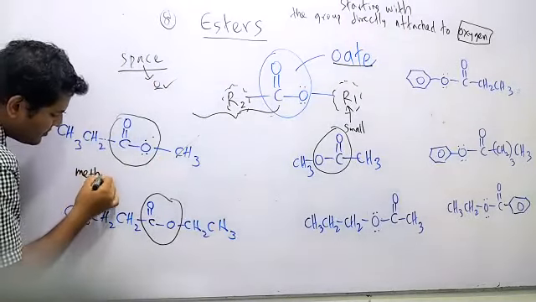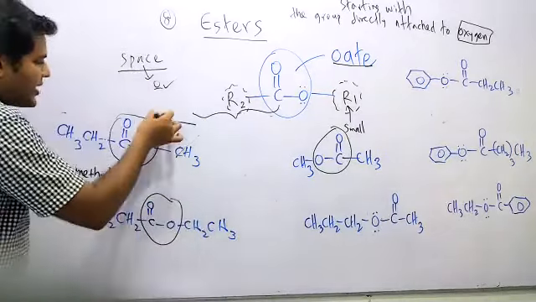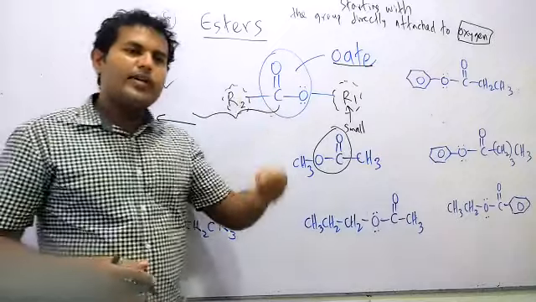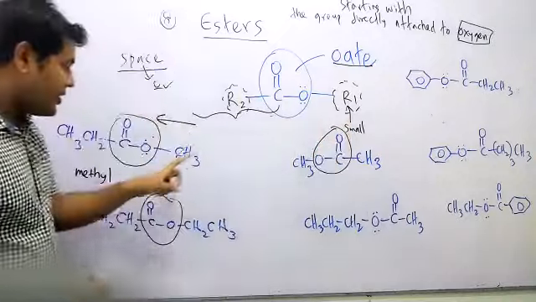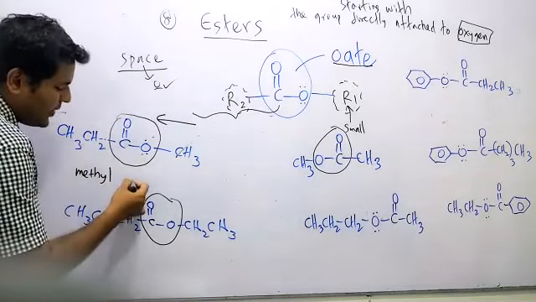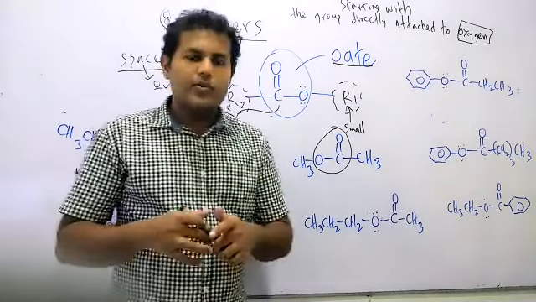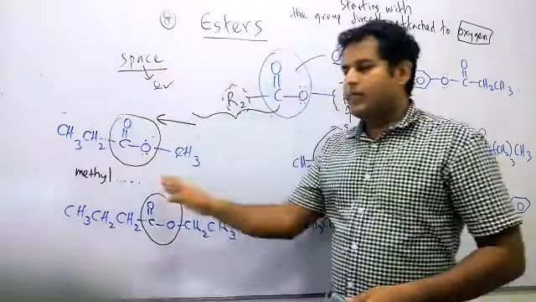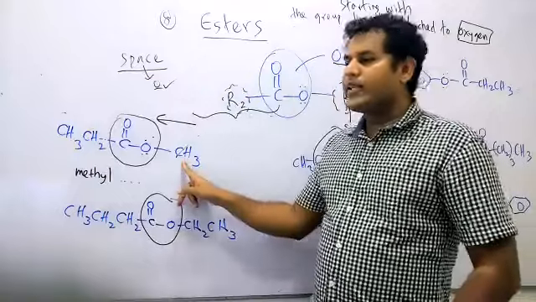Then this methyl and this oxygen: in order to indicate the oxygen, keep a space. We don't want to put dotted lines. Just keep the space. Now count the carbons, but when you are counting the carbons, don't count this methyl group.